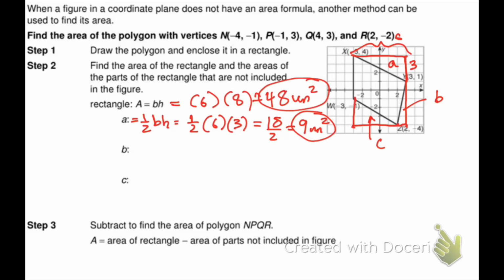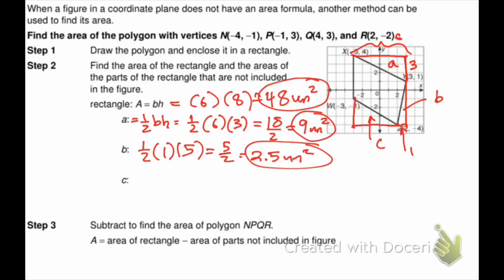Now let's calculate B. We have 1 unit here, and then this is 1, 2, 3, 4, 5. So we have 1/2, the base was 1, 1 times 5. So that's 5 over 2, gives you 2.5 units squared.